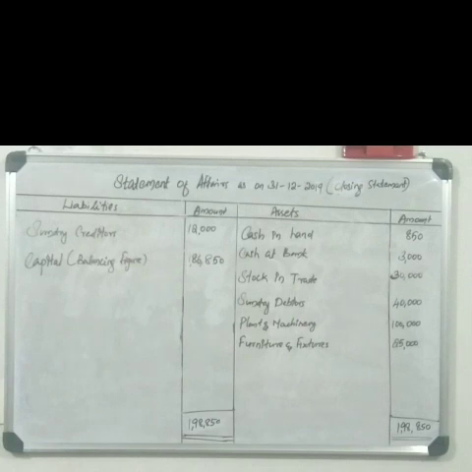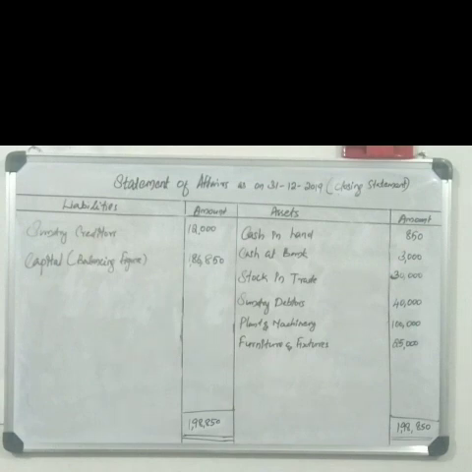So as usual, cash in hand on the asset side 850, cash at bank 3,000 on the asset side, stock in trade 30,000 on the asset side, sundry debtors on the asset side as 40,000, plant and machinery 1 lakh, furniture and fixtures 25,000.